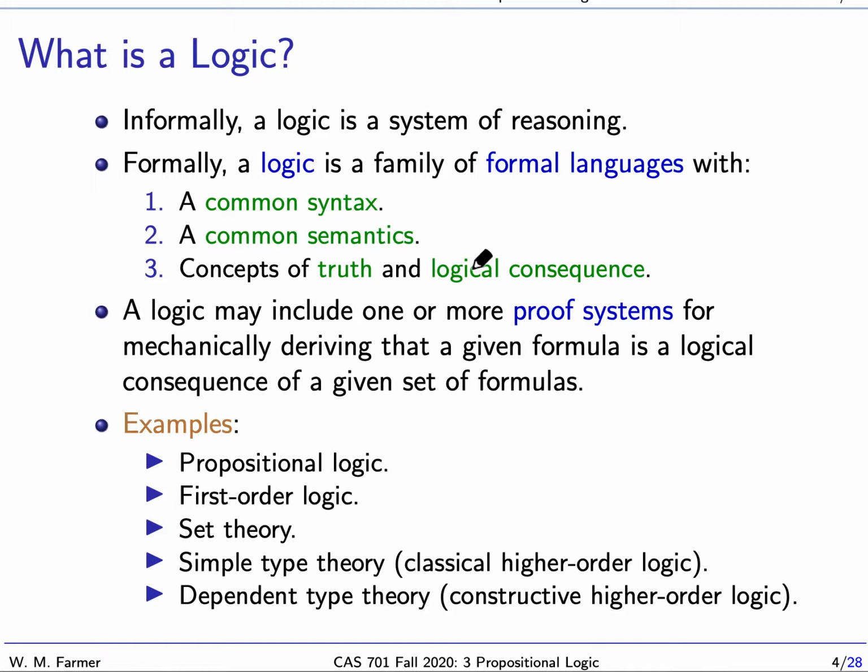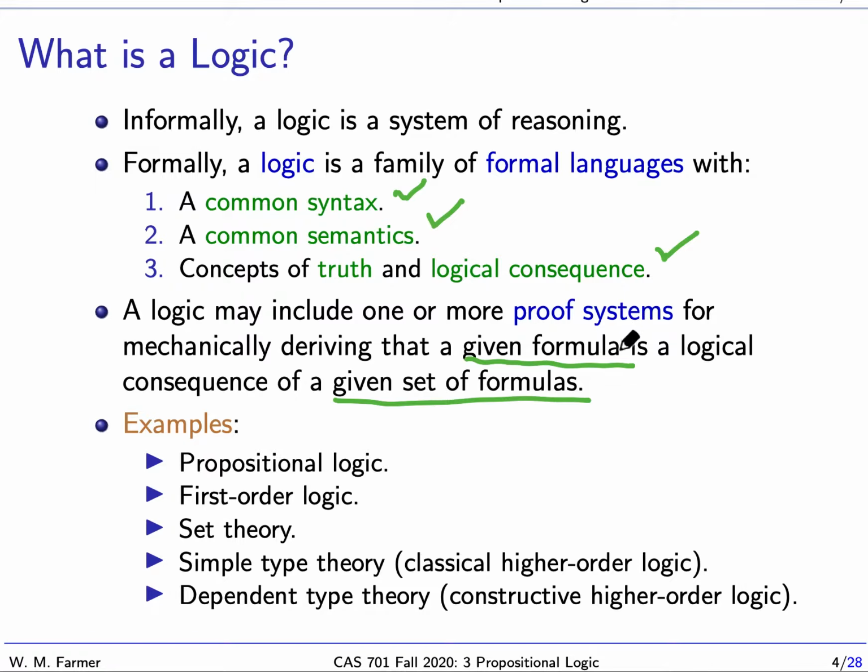So this is what a logic is. And logics may also have proof systems for mechanically deriving that a given formula is a logical consequence of a given set of formulas. So in my definition of a logic, proof systems are optional.